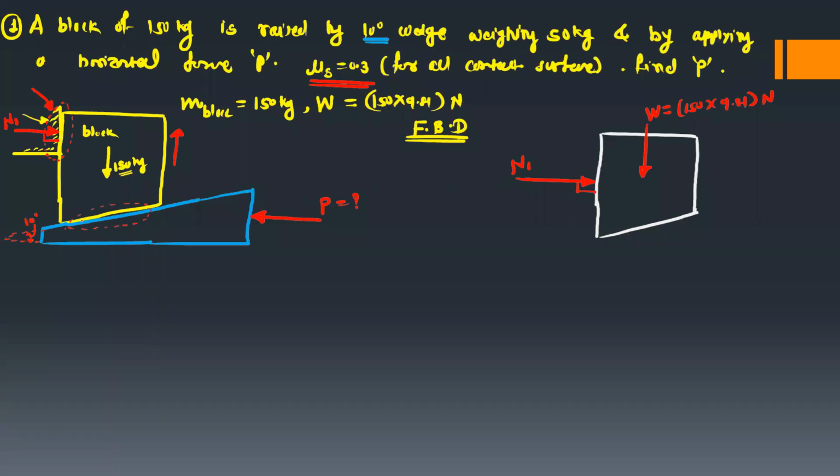The second normal reaction will be at the contact surface between the wedge and the block. Let us take this normal reaction as N2, and this N2 will be perpendicular to this contact surface.